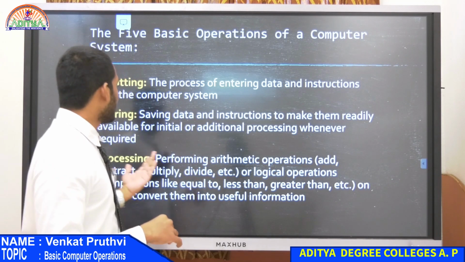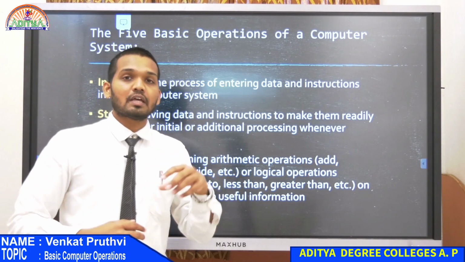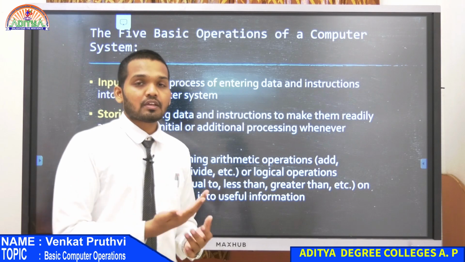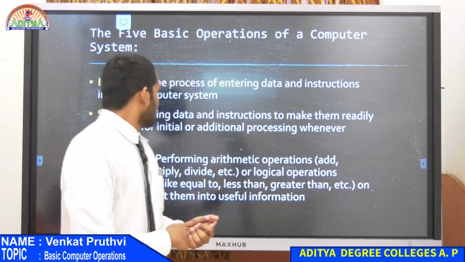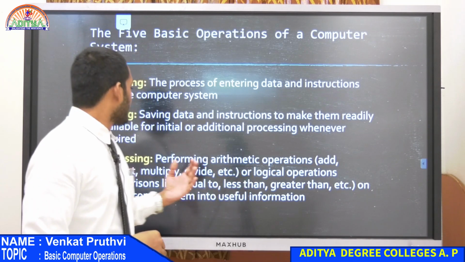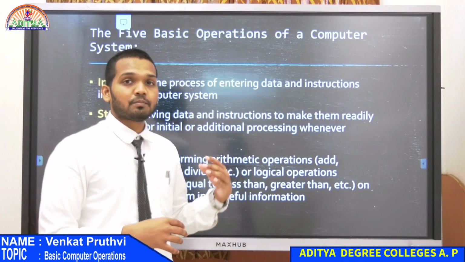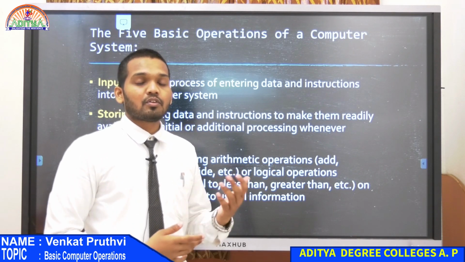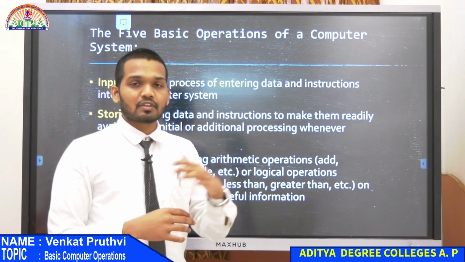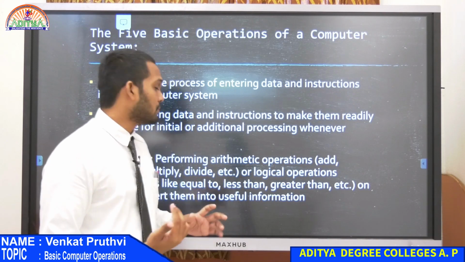Once you give an input, it should be stored somewhere so that it can be used further in the process after some amount of time. Then after storing the input provided by the user, it needs to process the input and give out the required result or output for the task that was programmed to the computer.